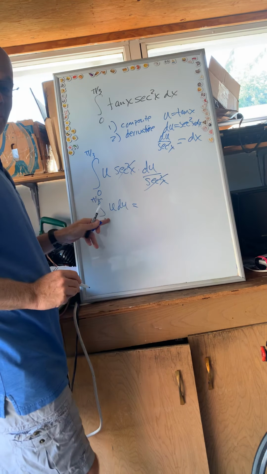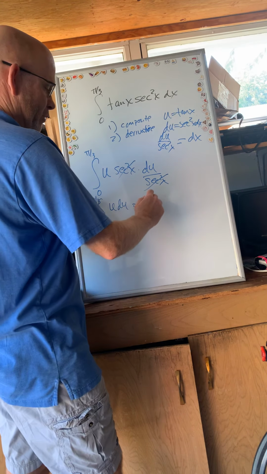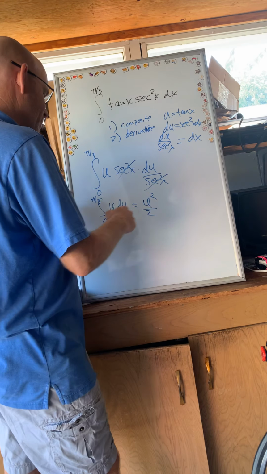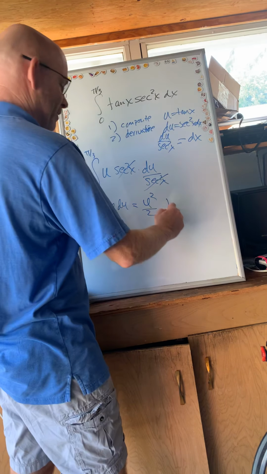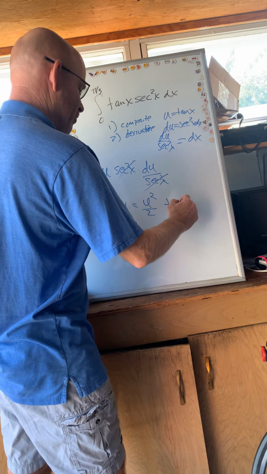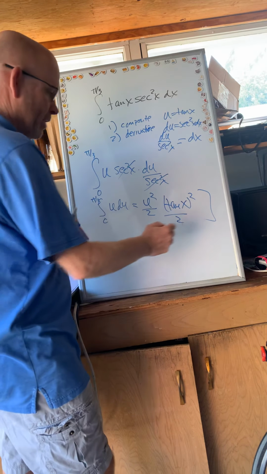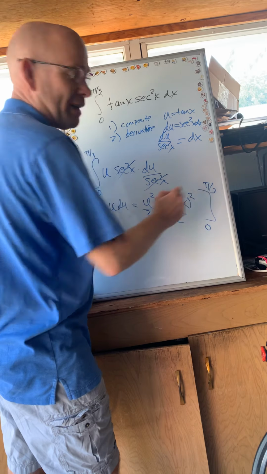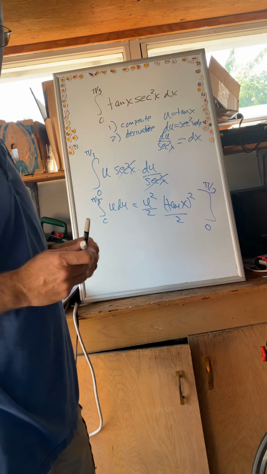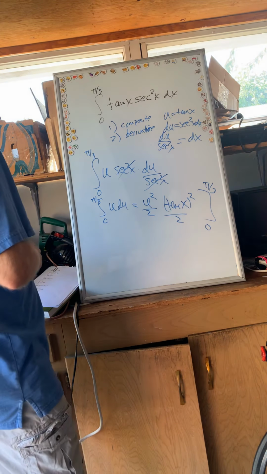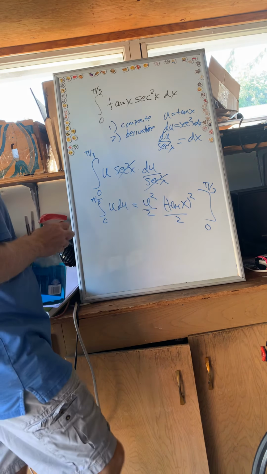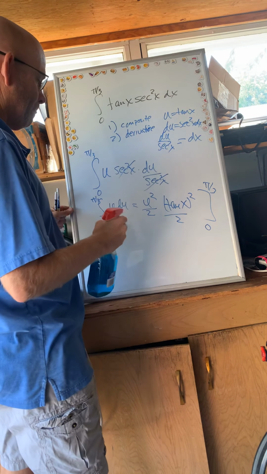And now I have u as a variable, so I get u squared over 2, but my u is tangent x. So tangent x squared over 2, and now we're going to integrate from 0 to pi over 3. I'm going to skip that step because I think you're capable of doing that, but that's kind of the basic idea.